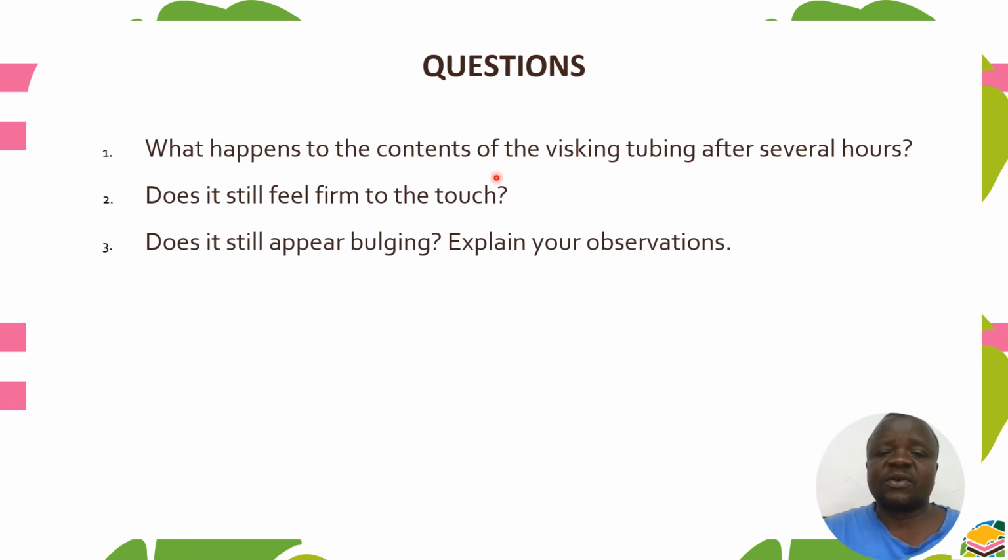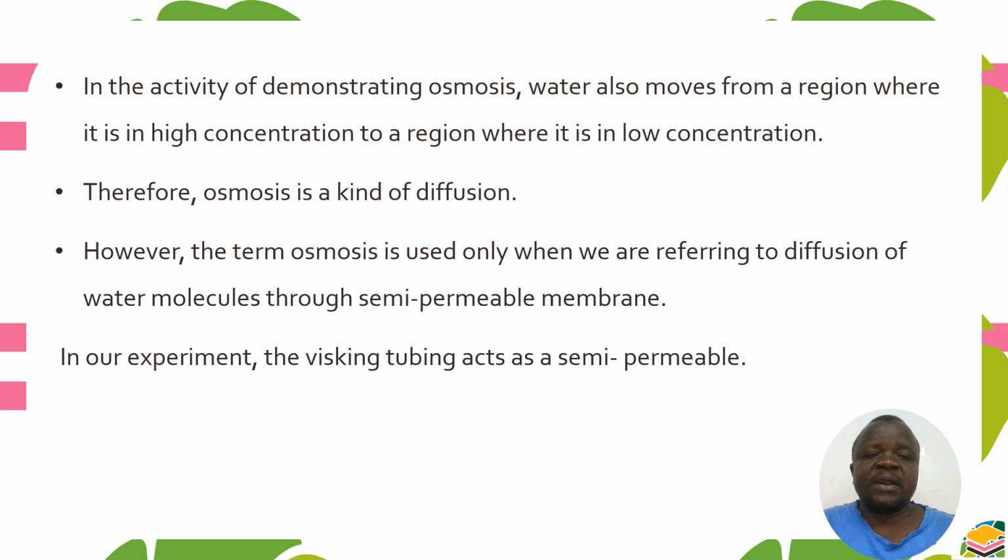Questions: what happens to the contents of the Visking tubing after several hours? Does it still feel firm to touch? Does it still appear bulging? Explain your observations. Now, in the activity of demonstrating osmosis, water also moves from a region where it is in high concentration to a region where it is in low concentration.